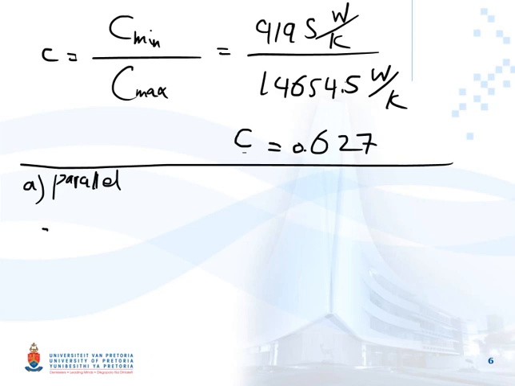Okay, so epsilon, we know that it's Q dot divided by Q dot max.